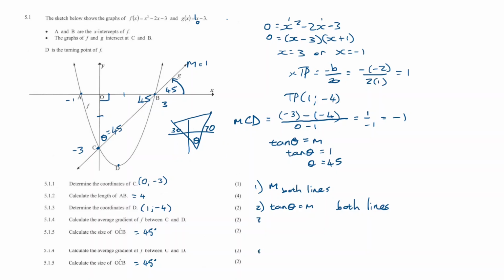Then step 3, you'd have to do some version of vertically opposite or sum of triangle or angles on a straight line, something like that to bring all the information closer. So in this quick made up example, that would be vertically opposite 70. This would be vertically opposite 30. And so 70 and 30 is 100. So then this theta must be 80.